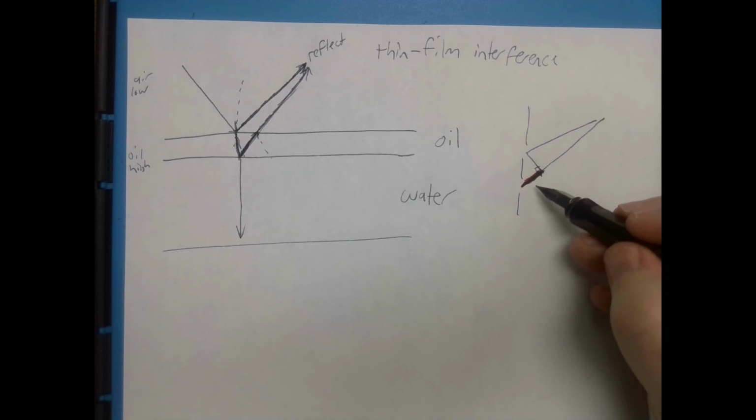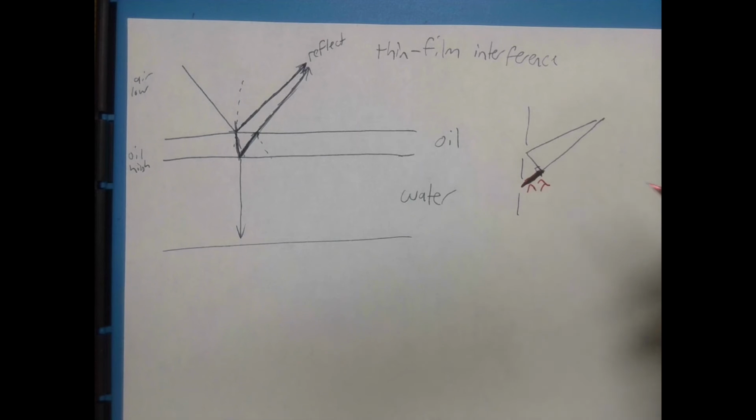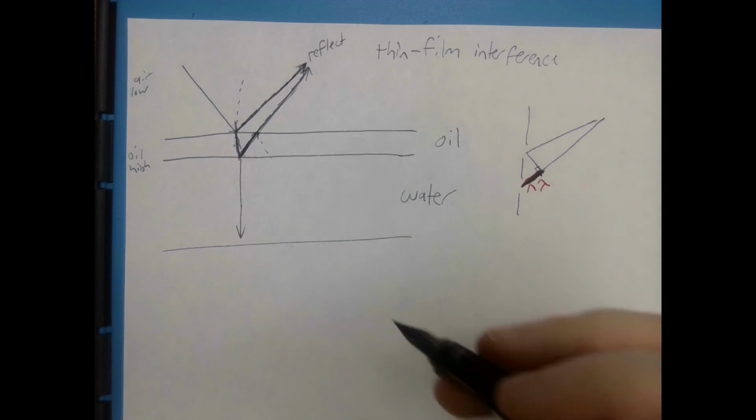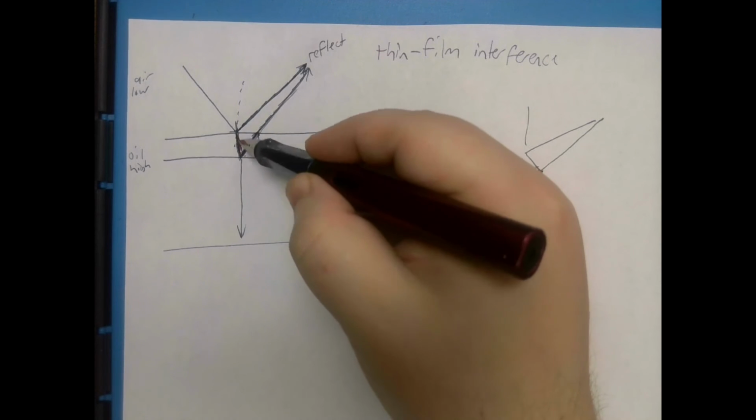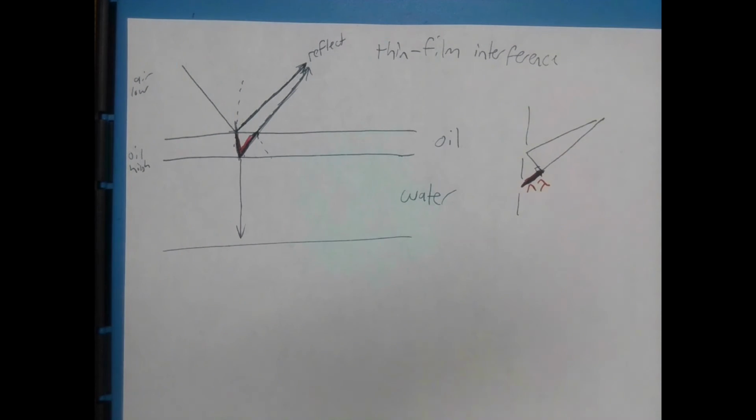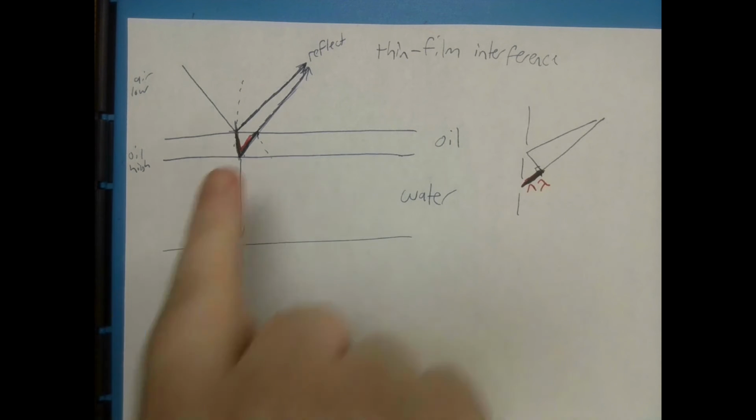And if this extra amount is a multiple of a wavelength, we get a diffraction pattern, we get a bright spot. If this is a multiple of a wavelength, we get a bright spot. You have no doubt seen this effect.